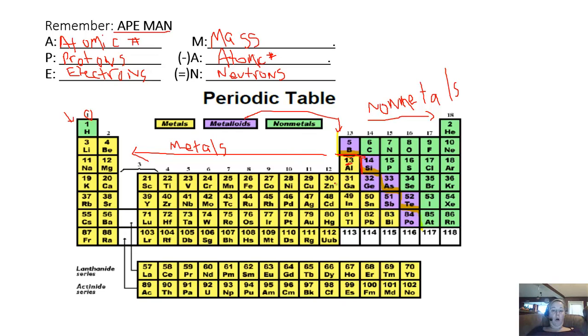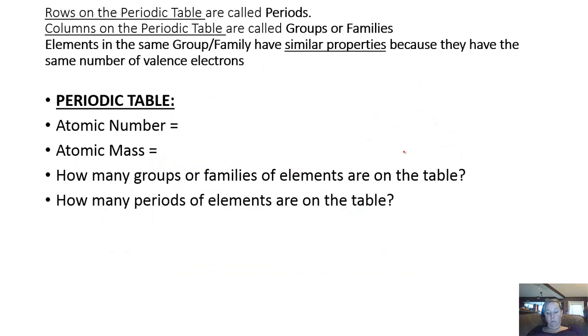Okay, rows on the periodic table are called periods. That's very important to remember. They are the rows. Columns on the periodic table are called groups. Sometimes you'll hear them called families. So let's look at a little shortcut we can use to remember that.